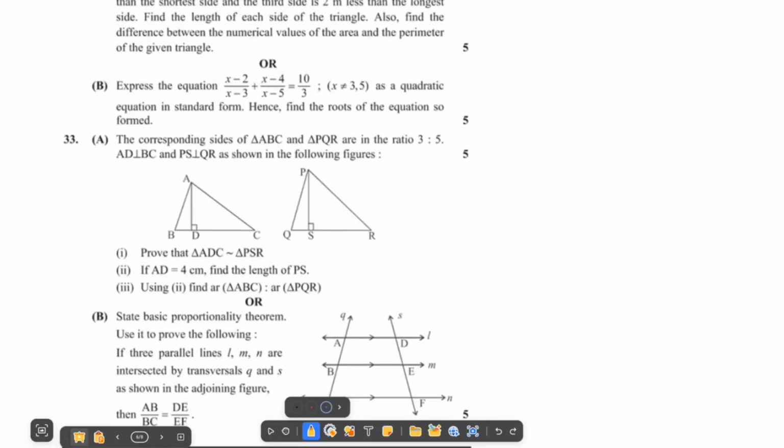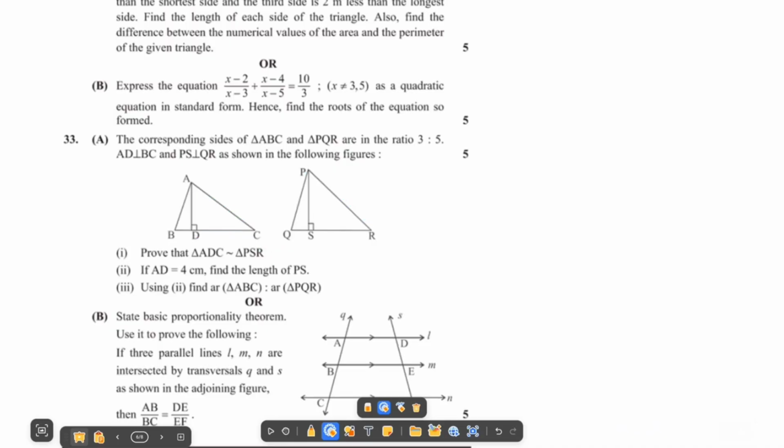Next, question 33A: the corresponding sides of triangle ABC and triangle PQR are in the ratio 3 is to 5. So the corresponding sides of these two triangles are in the ratio 3 is to 5, and it is given that AD is perpendicular to BC and PS is perpendicular to QR, as shown in the figure. What we have to prove is that triangle ADC is similar to triangle PSR.